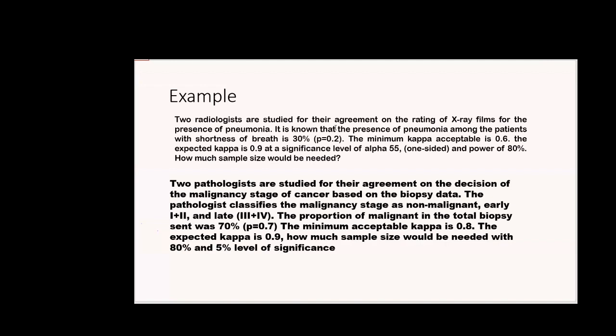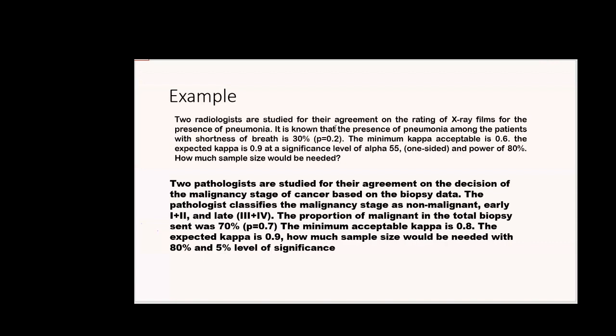Another example is that two pathologists study their agreement on the decision of malignancy stage of cancer based on biopsy. They assess the same biopsy of the same patient independently to find out whether it is malignant or not. They classify as non-malignant, early stage, or late stage, so there are three classifications for both pathologists.